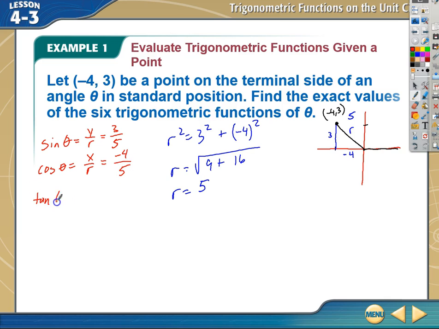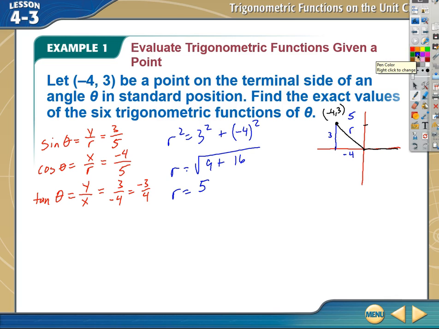Tangent of theta was equal to sine over cosine, which is y over x. And that's going to be equal to 3 over negative 4, which is equal to negative 3/4. Okay. What about the other ones?